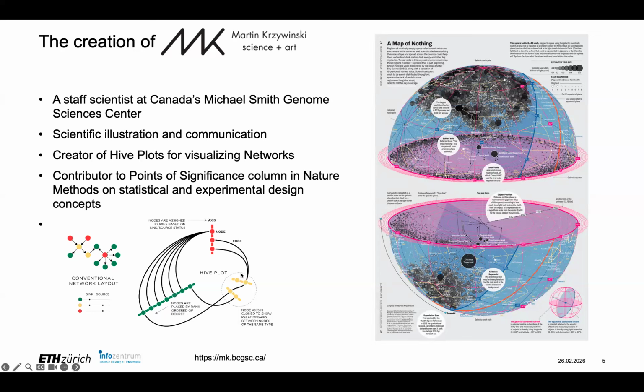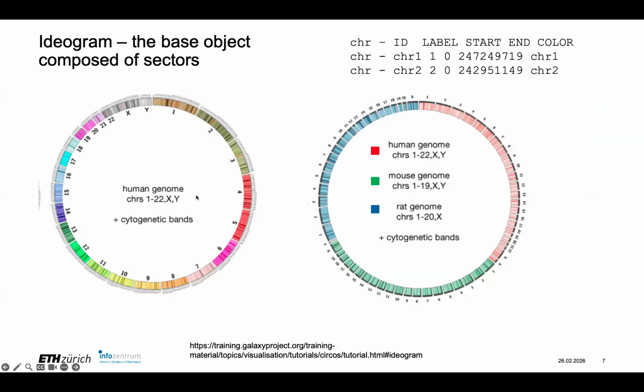He's developed a new way called a hive plot. I'm not that familiar with this, but I want to look into it. In addition, he contributes to Nature. There's a Points of Significance column that has methods on statistical and experimental design that I'm also going to look into because it looks like really good information. So he seems to be a cool guy.